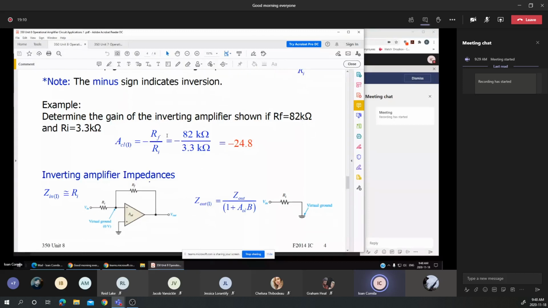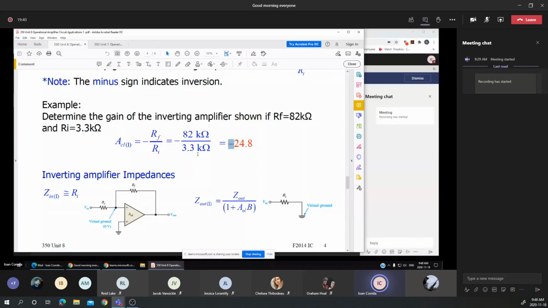Suppose that we have RF as 82 kilo ohms and RI as 3.3 kilo ohms. The gain for a closed loop circuit for an inverting amplifier is negative 24.8. You notice that the gain for a closed loop inverting amplifier always has the negative sign in front of the dimensionless number.